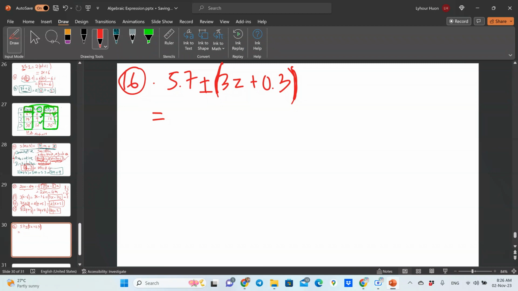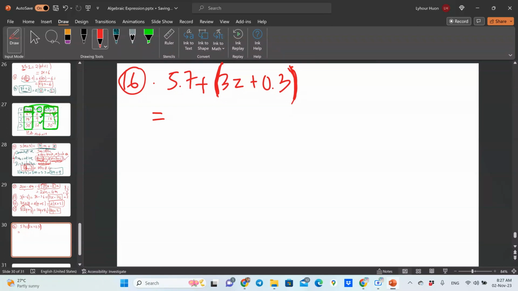If there's no sign, it's multiplication, so 5.7 times 3z plus 0.3 will be distributive.